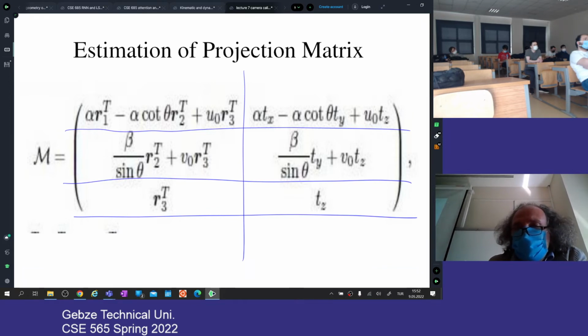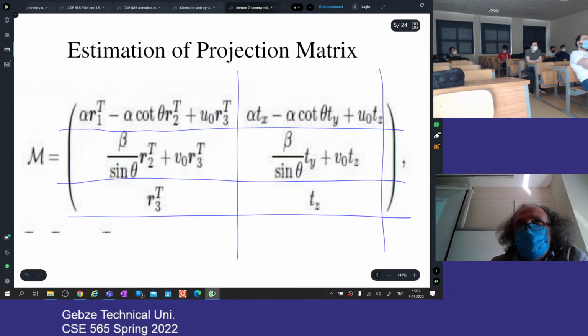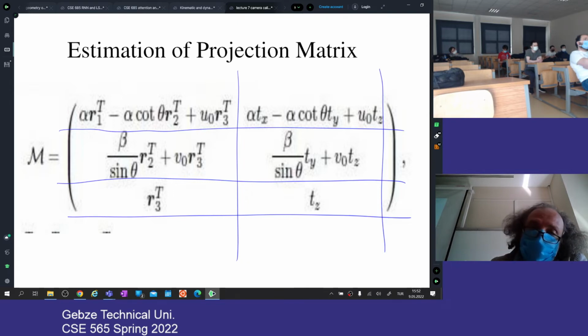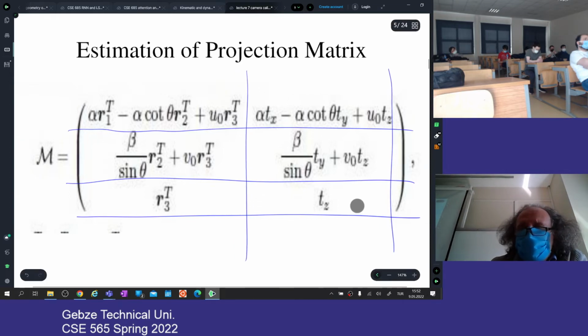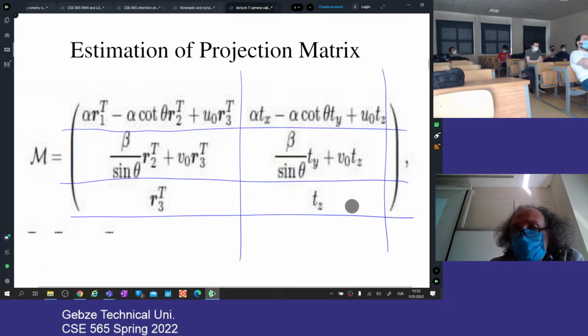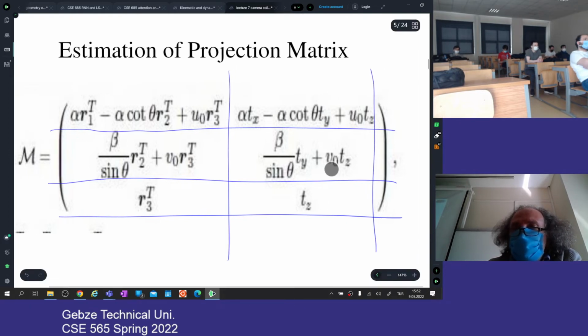As you see, this is just a column. Tz is just the third component of our translation vector. How about v0? What is v0?